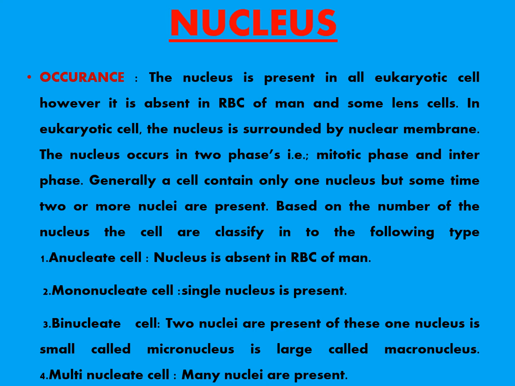If the cell possesses two nuclei, it is a binucleate cell. In a binucleate cell, one nucleus is small, called the micronucleus, while the other one is called the macronucleus. If many nuclei, more than two, are present in the cell, the cell is called a multinucleate cell.